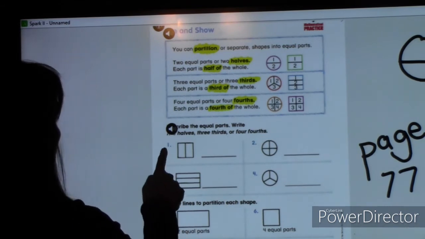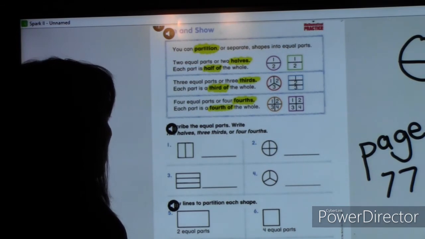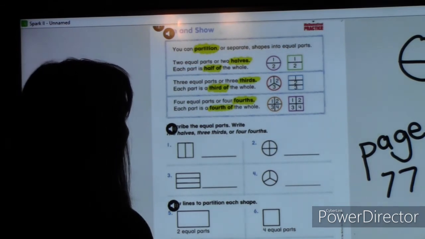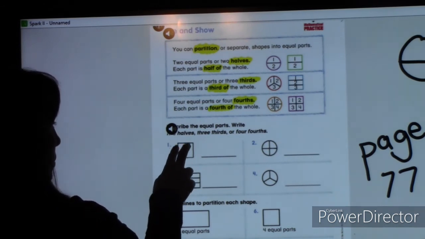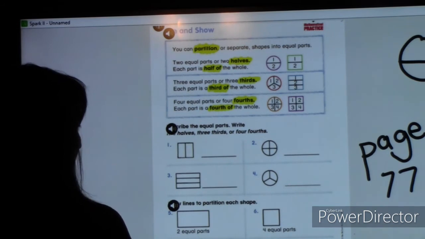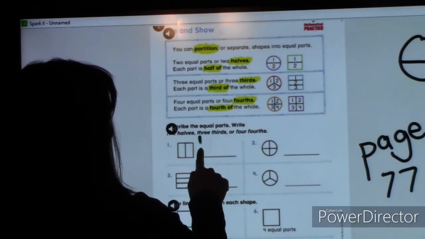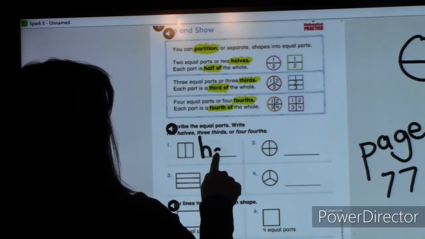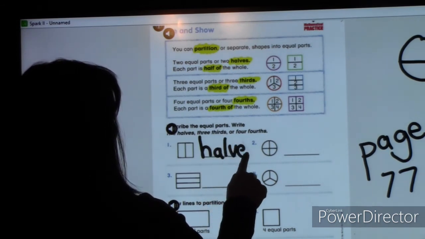So now we're going to take a look at the problems at the bottom. It says describe the equal parts and write halves, thirds, or fourths. So if I'm looking at those, it's a square, but it's divided into 2 rectangles. And so those 2 rectangles are 2 halves. If you're not sure how to spell it, it's in the writing right up above.